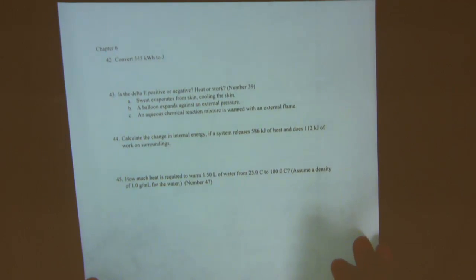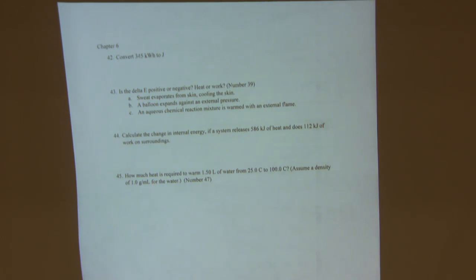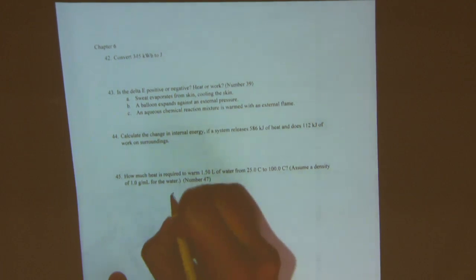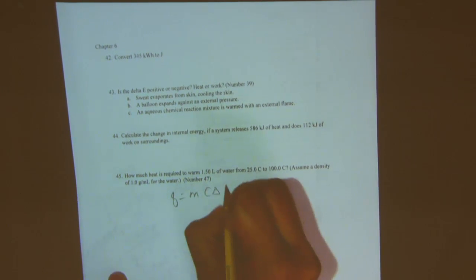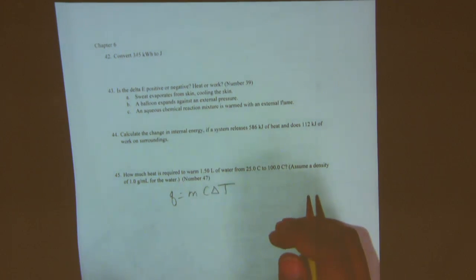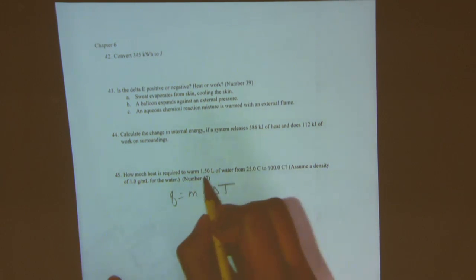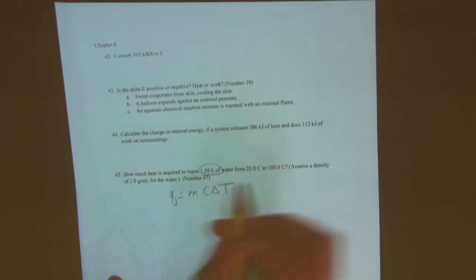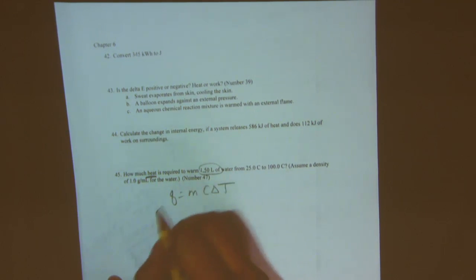Okay, so what formula would I be plugging in for this question? Exactly. Q equals mcΔT. So basically everything that we've been doing before. It says how much heat is required to warm. So when they're asking me for heat, basically they're asking for this value, right?